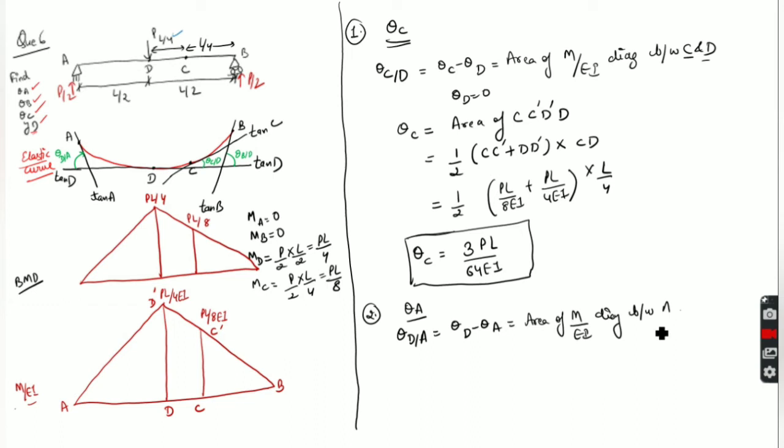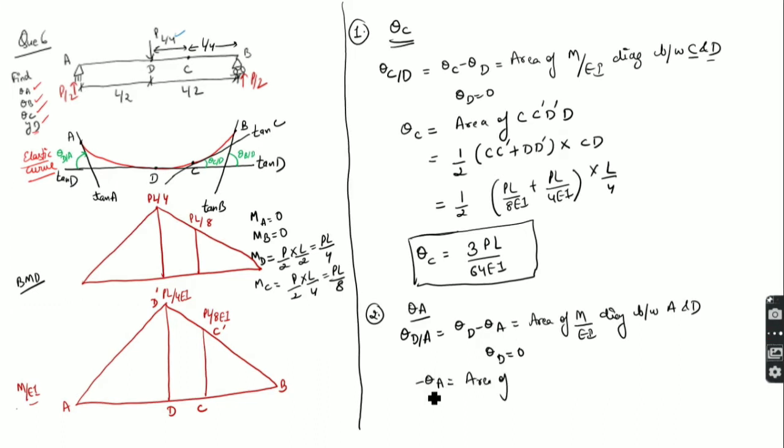So here also theta D will be 0. So we will get minus theta A is equal to, see here this M by EI diagram between A and D, this is a triangle, area of triangle ADD dash.